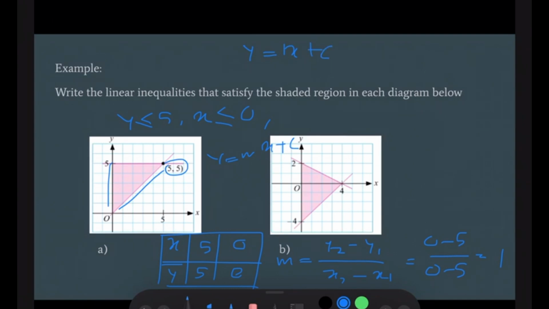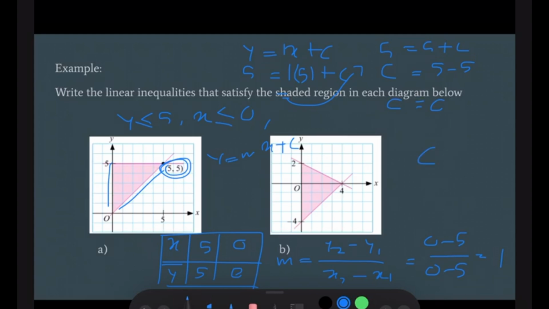To finalize the equation, we fill in the coordinates: y is 5 and x is also 5, multiplied by 1 plus c. So we are left with 5 equals 5 plus c. To find c, 5 minus 5, so c is equal to 0. And it is true.